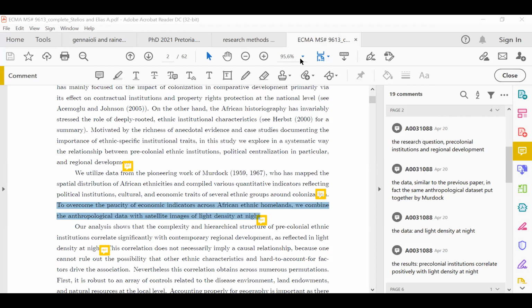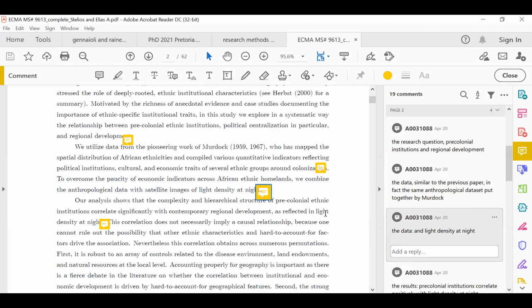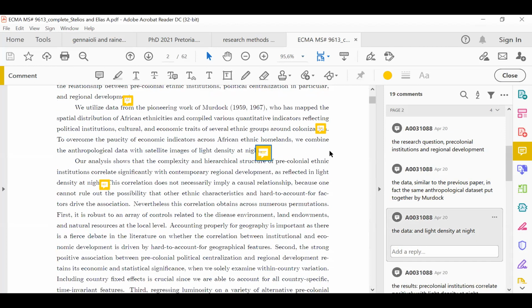But those of you who did 3 to 5 at some point with me or without me, you probably saw the NASA satellite images of the planet Earth at night. That is essentially the data, folks, the light density at night. At some point, I'm going to show you the data.